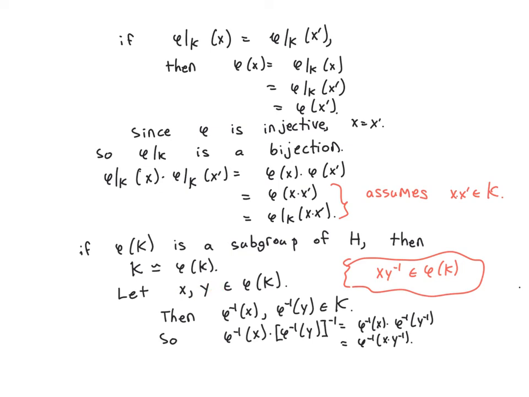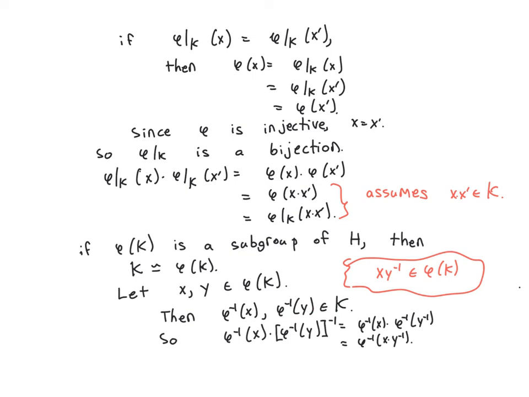So what I'm going to do is, since x and y are elements in the image, it follows that phi inverse of x and phi inverse of y are elements in K. Here I'm using the fact that phi is a bijection, and so phi inverse is a function that exists. So this is something you normally can't do, but in our case, you are allowed to do this.